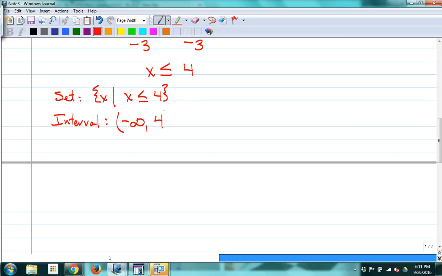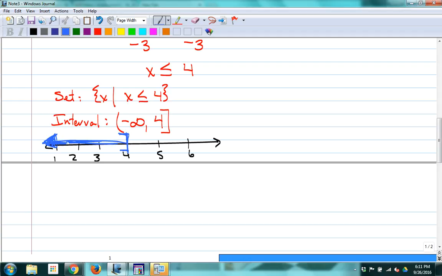Yes. So what goes there? Bracket. Because it's included. And then when you go to your number line, 4, 5, 6, 3, 2, 1. We're going to use a bracket on the 4 and then shading to the left toward negative infinity. Bracket on the 4 going to the left.